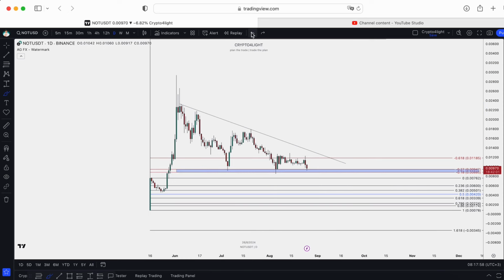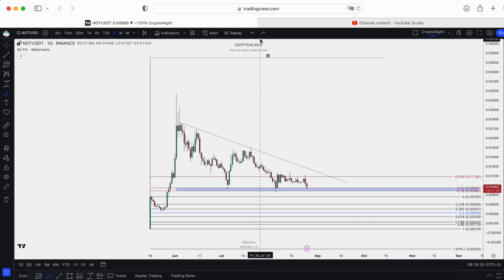But in most cases, this triangle will break out down like this, and after that they will start drawing another triangle like this one. Anyway, they say we should break out up, and in this case most likely we're breaking out down and maybe forming something like this. So we walk from level to level basically, and all those triangles are just subjective things.